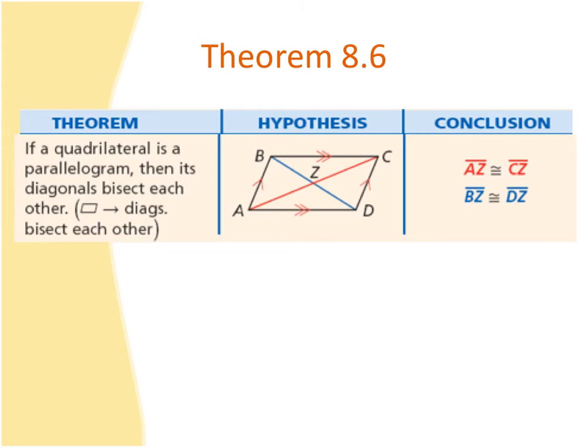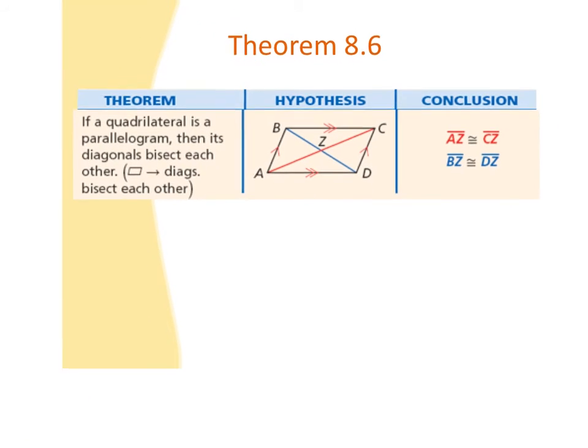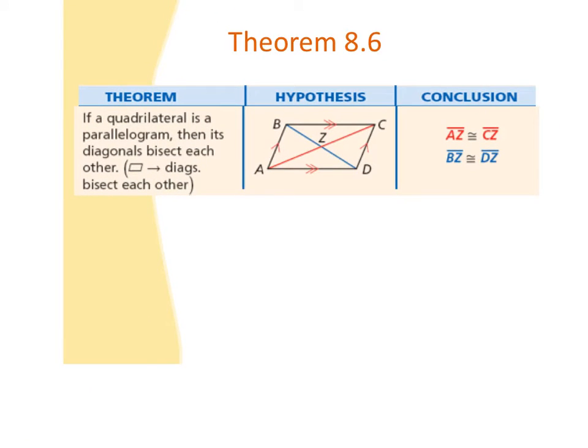Next theorem, 8.6. This one states that if a quadrilateral is a parallelogram, then its diagonals bisect each other. Now, it's not saying that the diagonals are congruent. All it's stating is the diagonals bisect each other. What happens when you have something that bisects something? What does it do to the segment? Cuts it in half. Good. Into two equal parts.